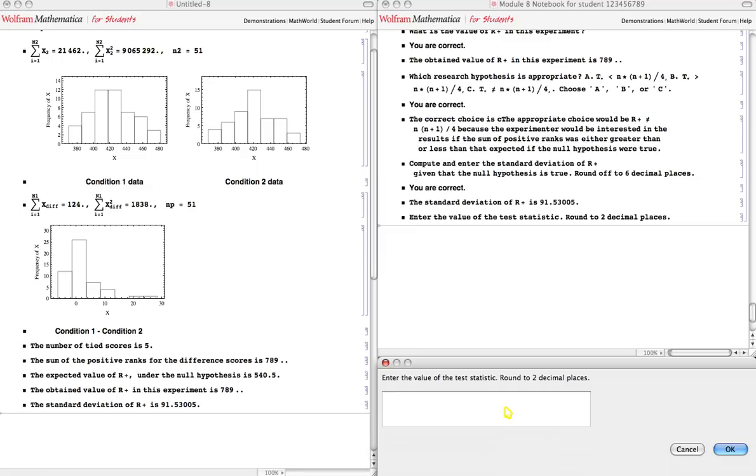So the sum of positive ranks, again, was given as 789, minus the expected value, which is 540.5, divided by the number I just computed, which is 91.53005. To 2 decimal places, it's 2.71.